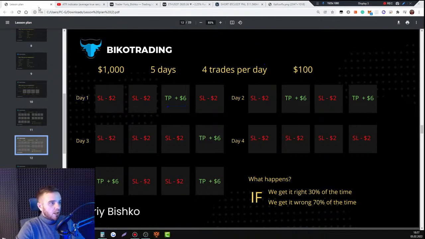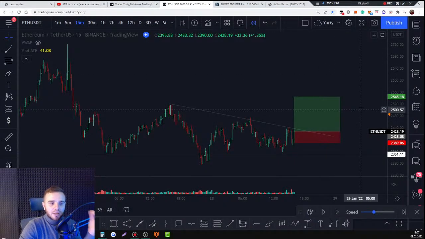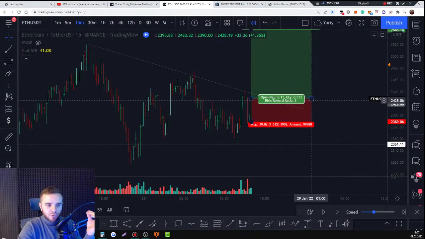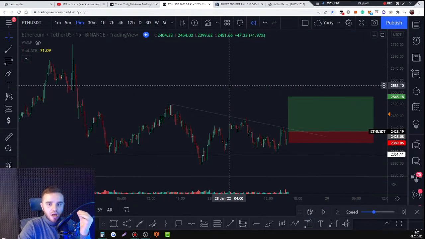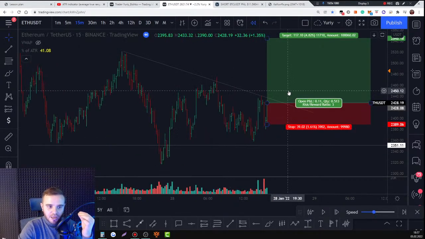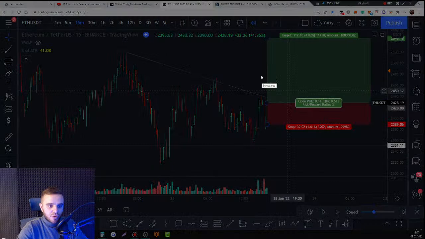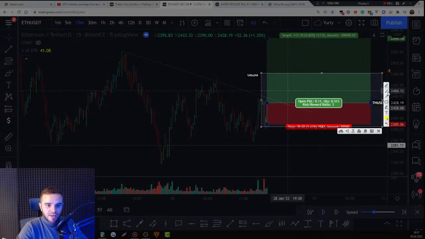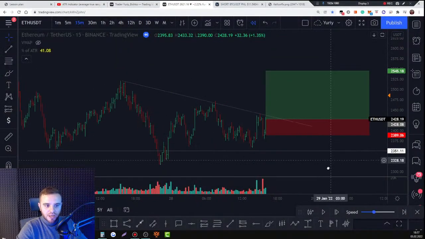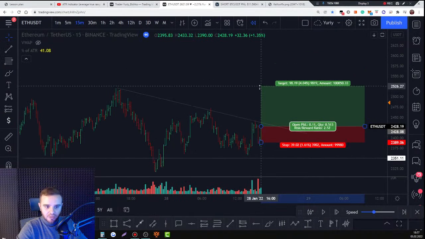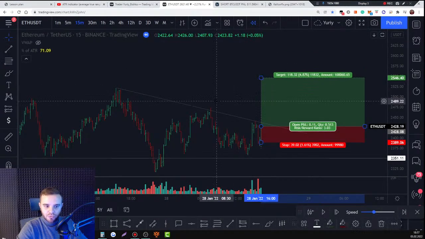And here, how can we calculate on TradingView our take profit 3 times more? Very simple. TradingView helps us so well. It gives us this best tool ever, the risk-reward ratio. Simply by moving your take profit up or down, it shows you your risk-reward ratio.